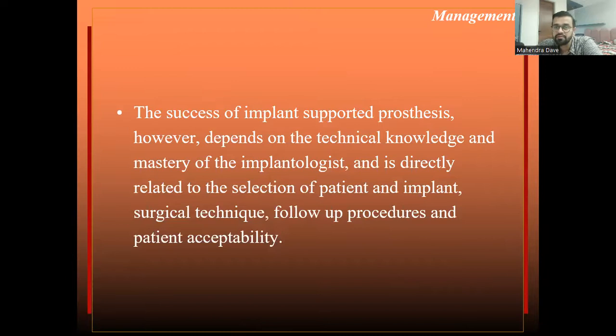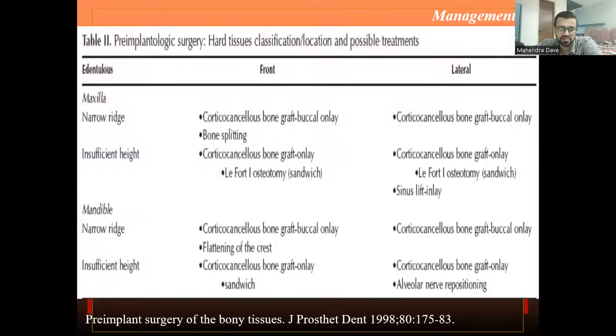The success of implant prosthesis, however, depends on the technical knowledge and mastery of implantology and is directly related to the selection of patient and implant, surgical technique, follow-up procedures, and patient acceptability to the procedure.